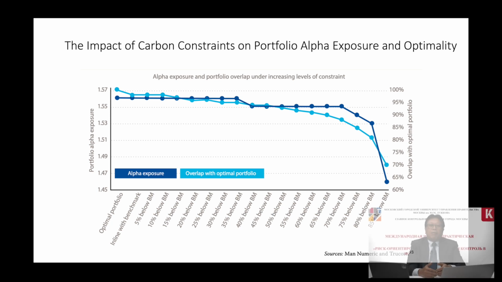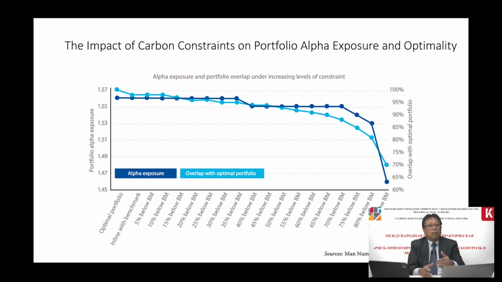Let me refresh a little bit. Alpha is a portion of portfolio returns that cannot be attributed to market return and is thus independent of them. Exposure to alpha is equivalent to exposure to idiosyncratic risk, whereas systematic risk is a risk that comes from investing in any security within the market.